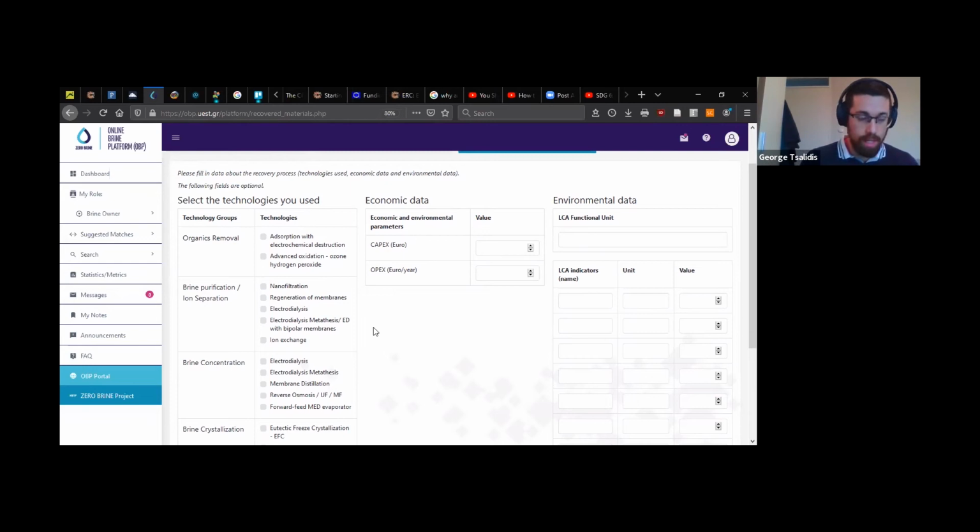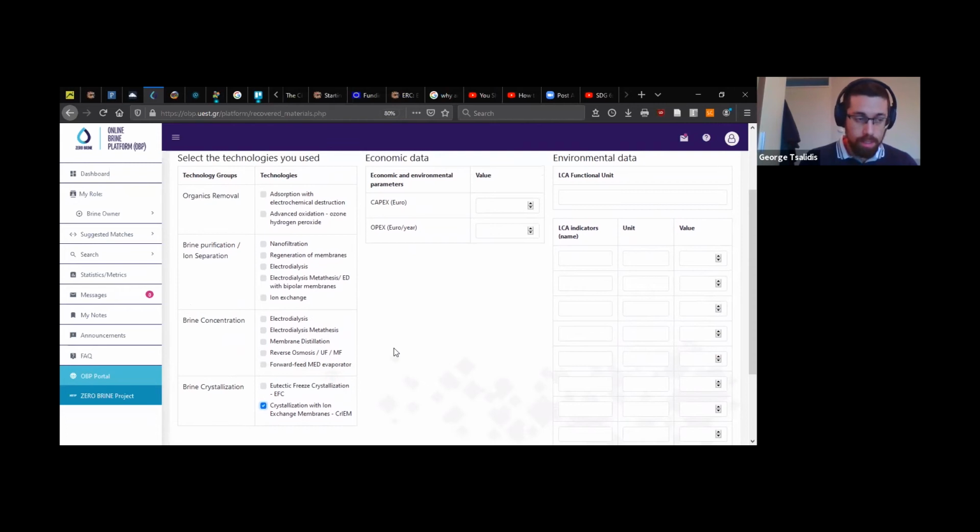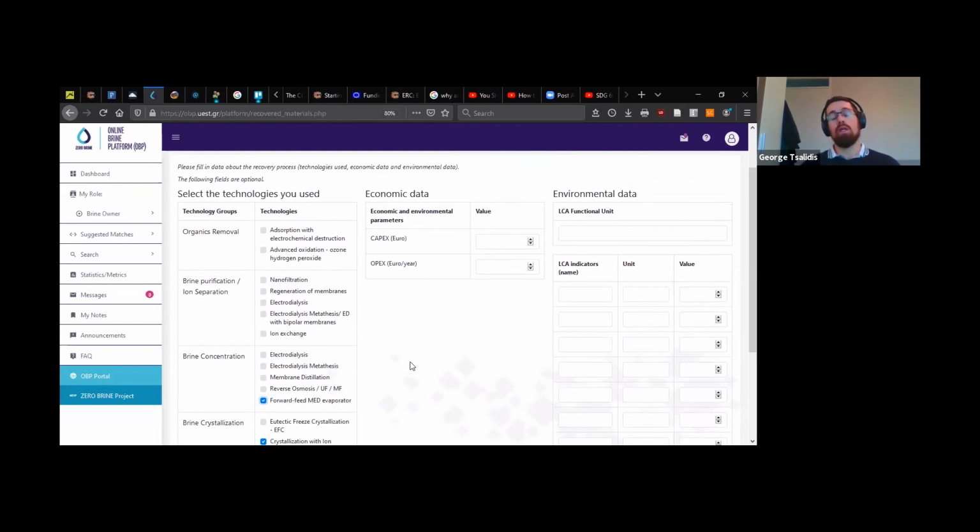Let's say that I'm using some kind of crystallization method and also evaporation. Let's see, forward feed evaporation. The platform will also ask me for economic data, capital cost, operational cost, which again is not mandatory.